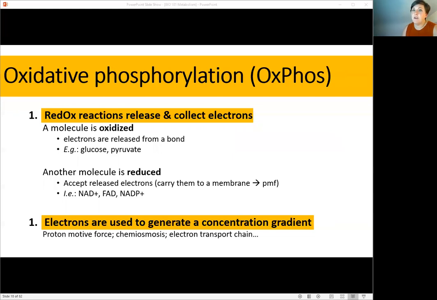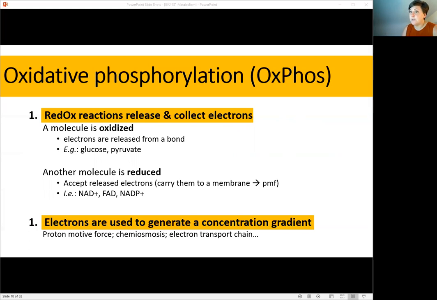These electrons are harvested by molecules called electron carriers, which also bind up hydrogen ions, which are positively charged and can balance out the negatively charged electrons, making these electron carriers uncharged when they carry an electron, which is important for homeostasis anyway. These electron carriers carry the electrons and hydrogens to a membrane, release the electrons and hydrogens, and the electrons generate a concentration gradient of hydrogens, which is used as a source of energy to add a phosphate to ADP to create ATP.